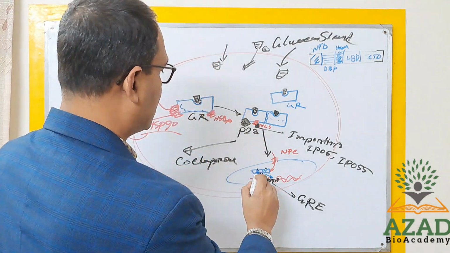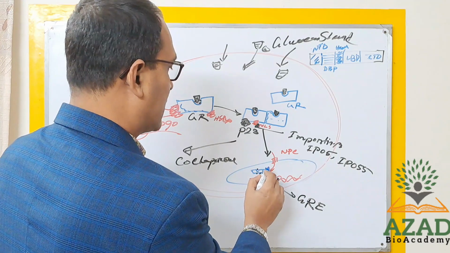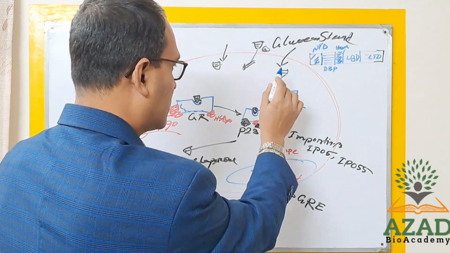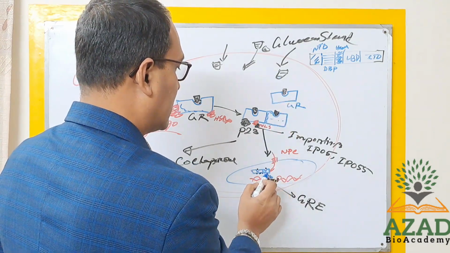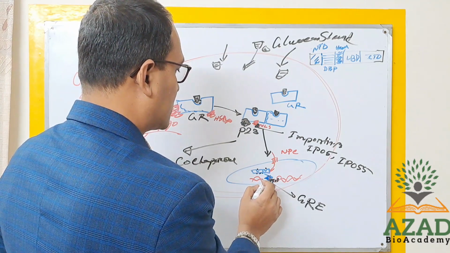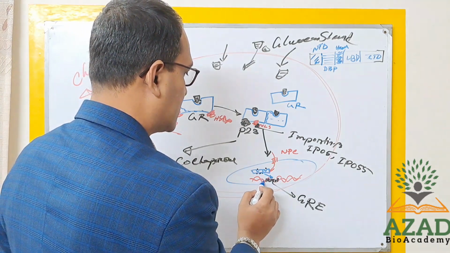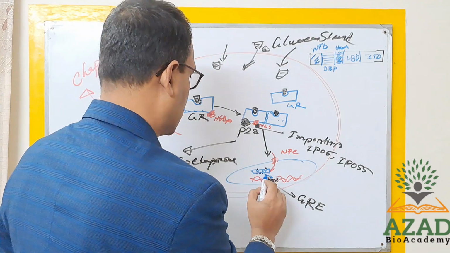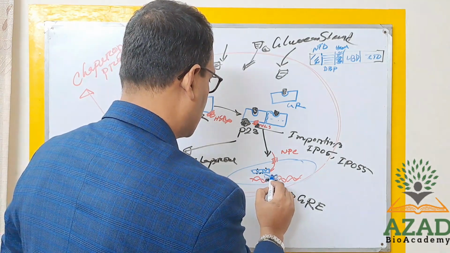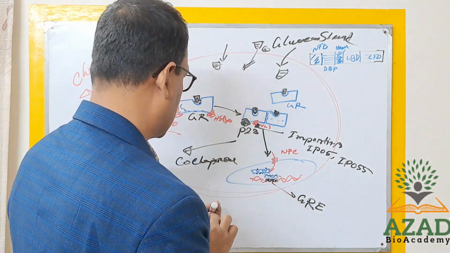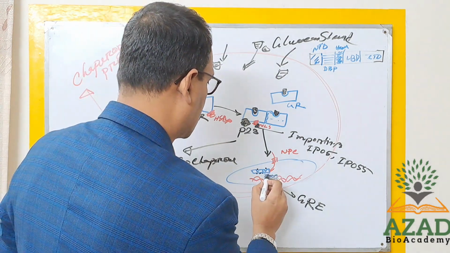That dimer receptor carrying the glucocorticosteroid will attach with that region, and it will be functioning.